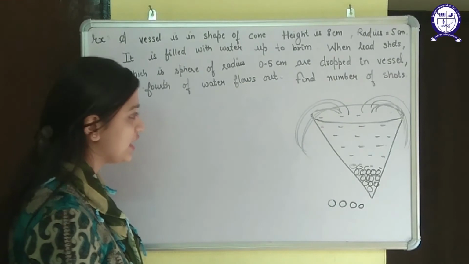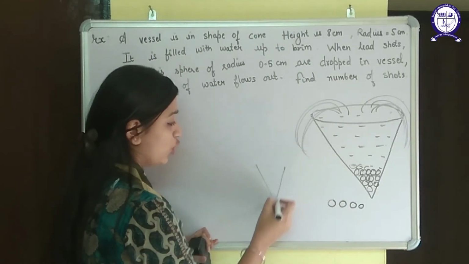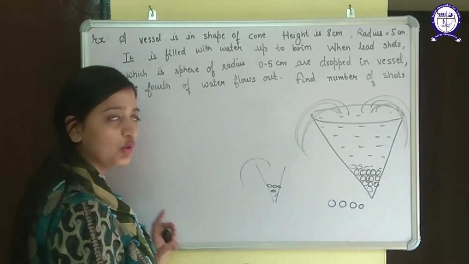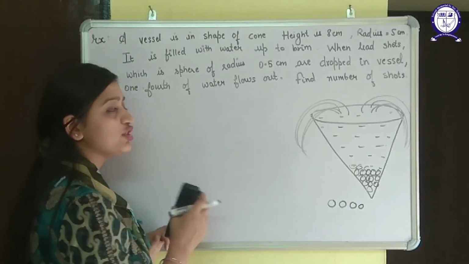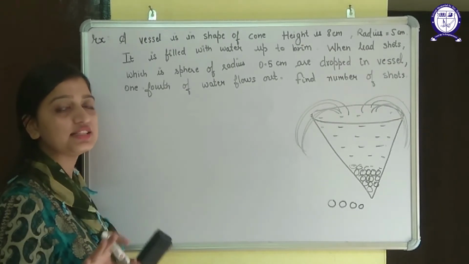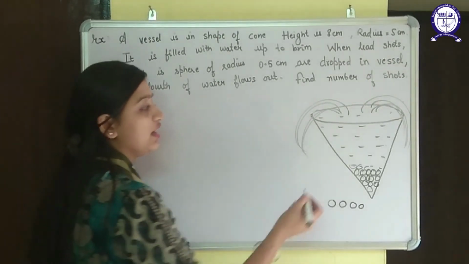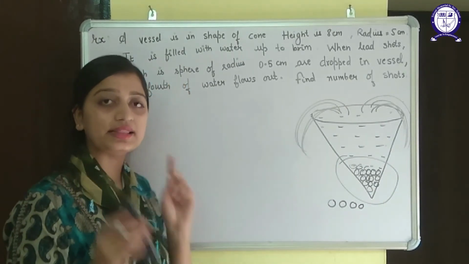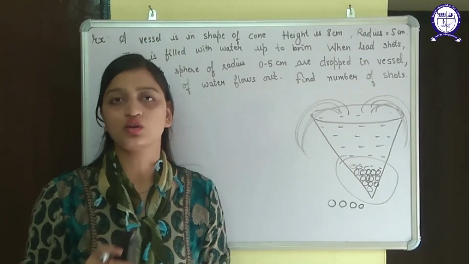Okay, I am saying there is a cone, it has some shots in it, and the water is flowing out. It means that the water which flows out has the same volume as the spherical shots because they are both occupying the same space in the cone.